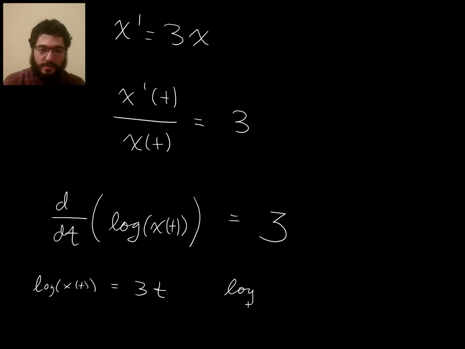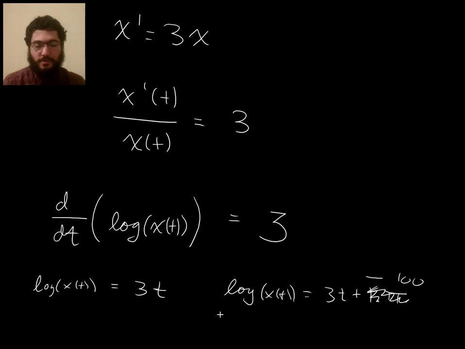But that's not the only example. It could also be that log x of t is 3t plus 1, or maybe 3t plus pi, or 3t minus 100. So there are actually many possibilities as to what log x of t could be in order to make its derivative be 3.